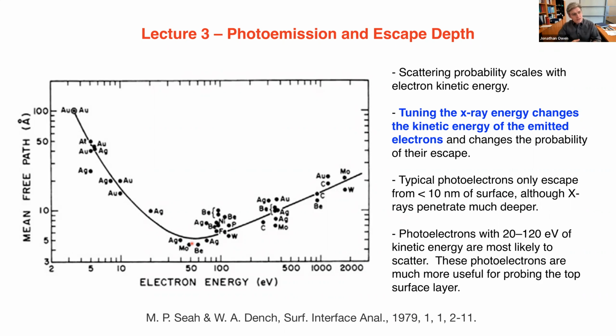Okay, so you can modulate the leftover kinetic energy by changing the energy of the excitation source that's used to generate a photoelectron. So if you tune that energy around, you change the electron energy of the emitted photoelectron, and that changes its mean free path. Okay, so that allows you to do surface sensitive work.